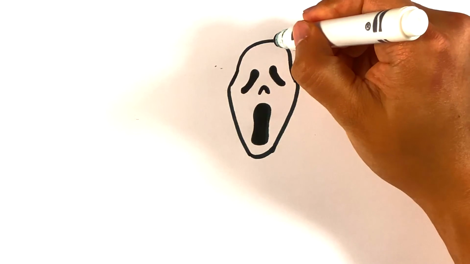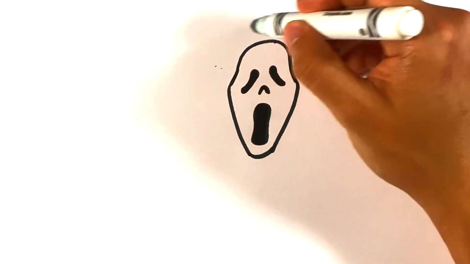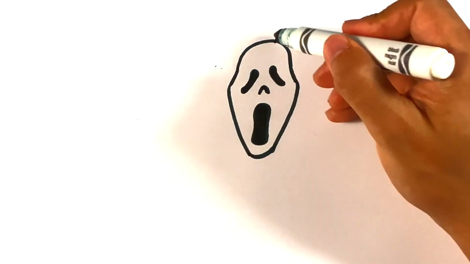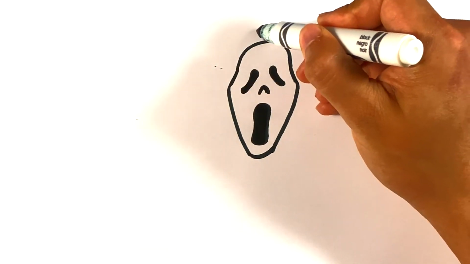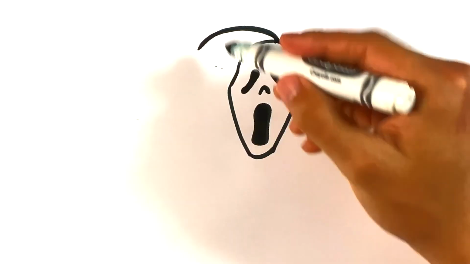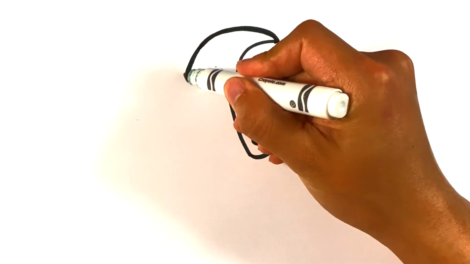Let's do the easy stuff, okay? We're gonna draw the crewmate's body. So I'm gonna go maybe around the top of the mask somewhere, and I'm gonna curve the line back for the back of the crewmate, the top of the head. Gonna curve over here a little bit for the back of the head.